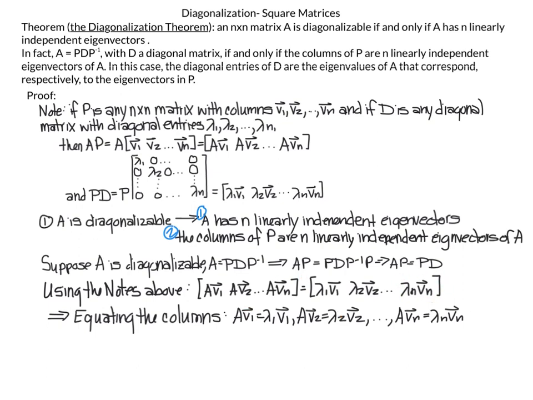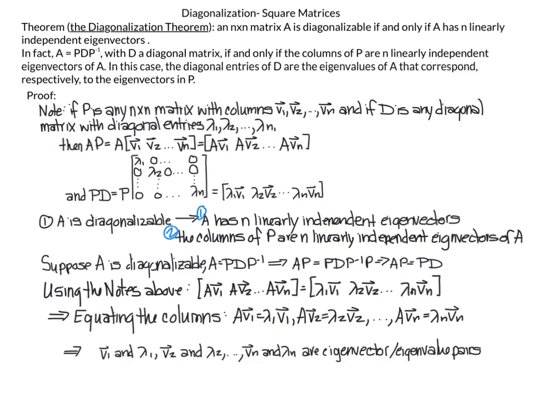But each of these n equations tells us that we have an eigenvector-eigenvalue pair. You can see that this is the equation for an eigenvector v1 with eigenvalue lambda 1. In particular, v1 and lambda 1, v2 and lambda 2, and vn and lambda n, those are n eigenvector-eigenvalue pairs.